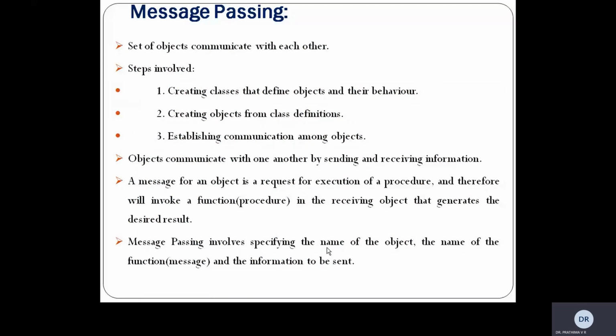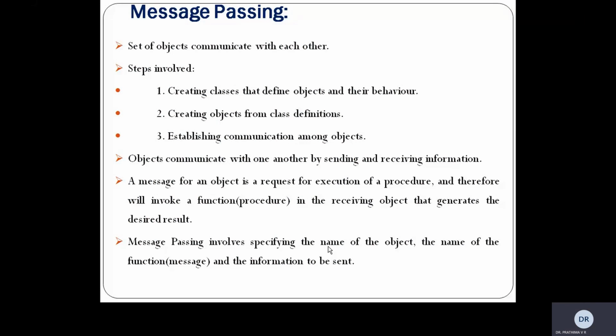The interesting point to be understood about message passing is that there are sets of objects which communicate with each other, and objects communicate with each other by sending and receiving information.